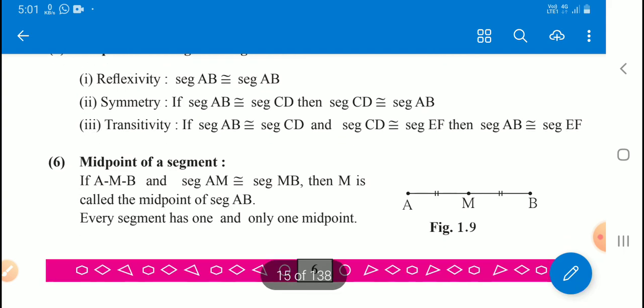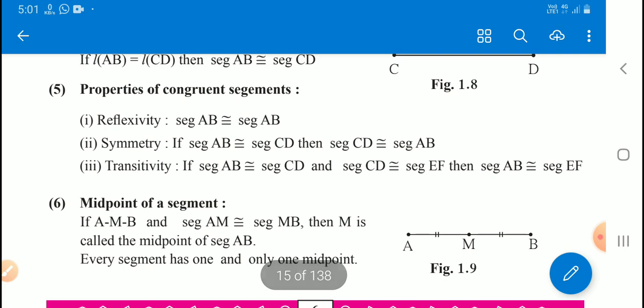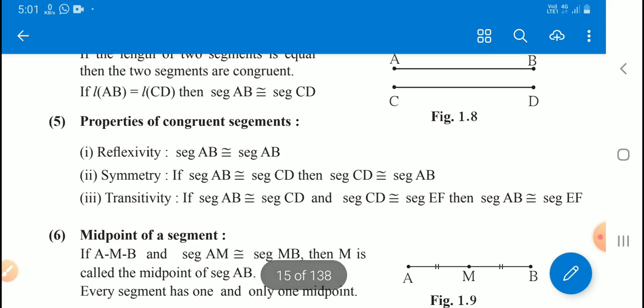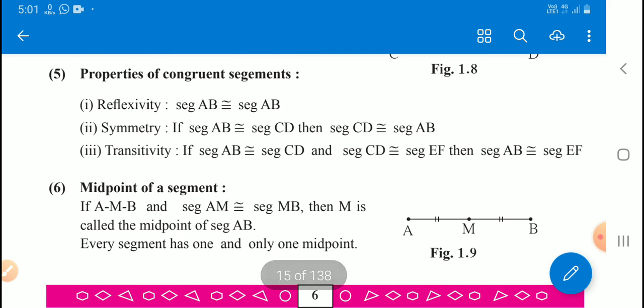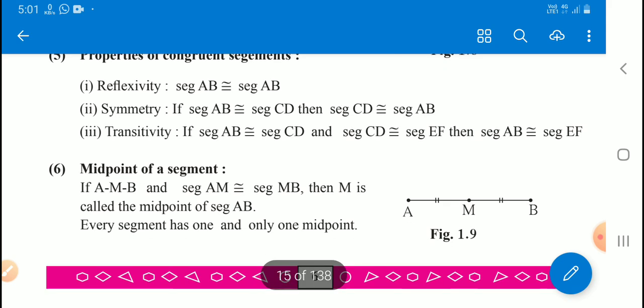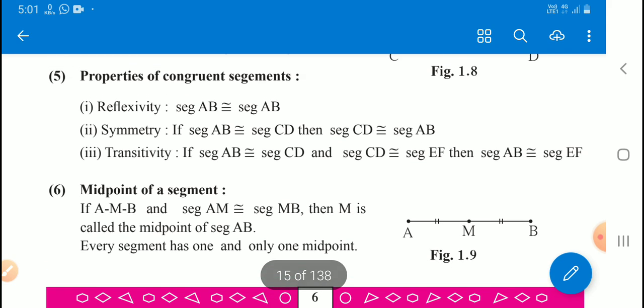Symmetry means if the first segment is congruent with the second segment, then the second segment is congruent with the first segment. And the last property is transitivity. Here, if the first segment is congruent with the second segment, and the second is congruent with the third segment, then you can say that the first segment is congruent with the third segment.